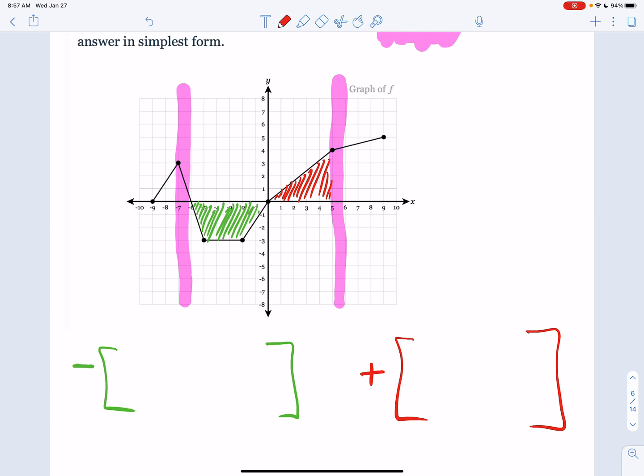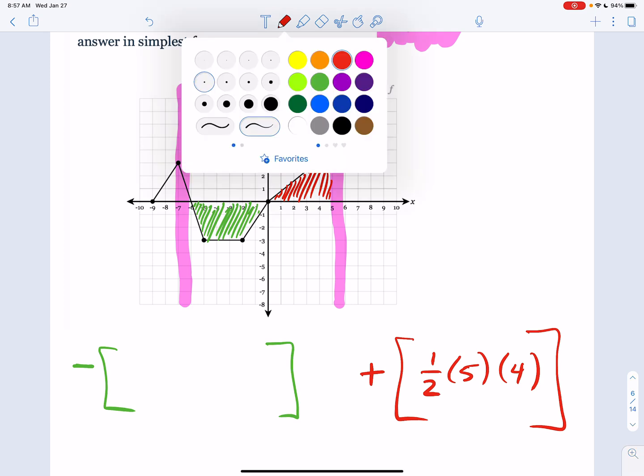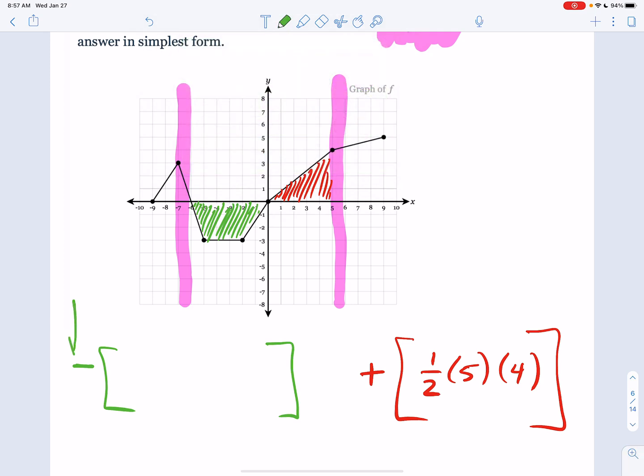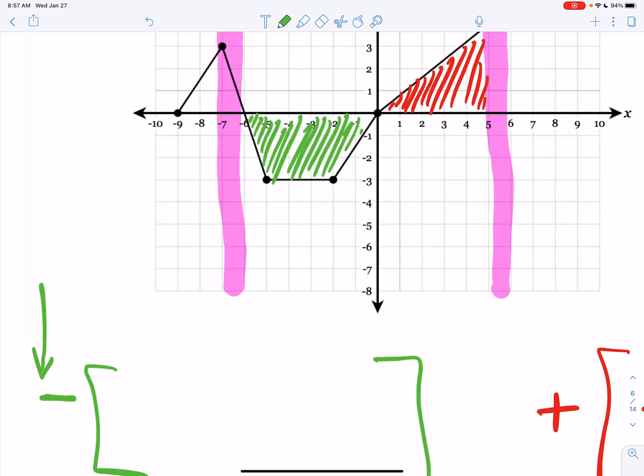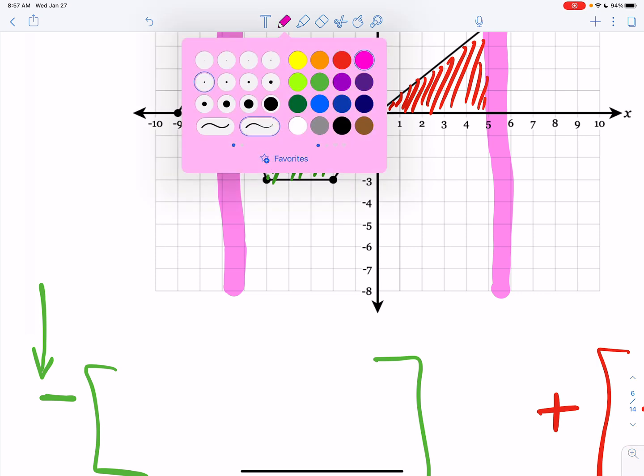So here we go. We'll take care of the triangle first. The triangle is just 1/2, the base is 5, the height is 4. Okay? The trapezoid, remember I already accounted for the negative. Now the height is the distance between the two bases. I'll put it in pink here so you guys can see.